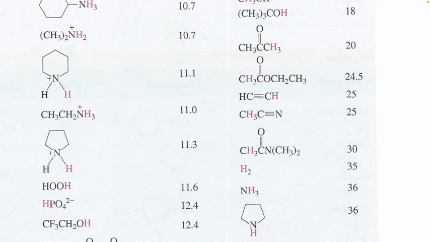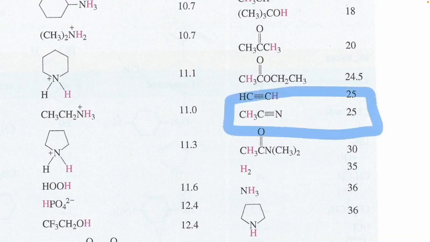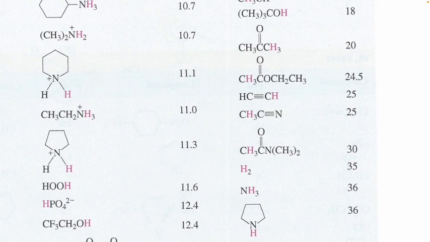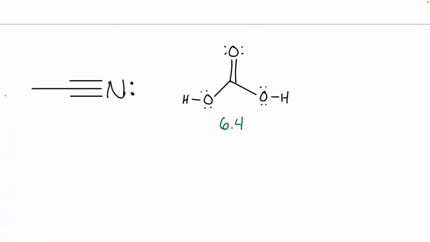Yeah, the CH3C triple bond N. This thing right here. Okay, definitely the weaker of the two acids. Right, again, just as evidence of our pKa, 6.4 is a much smaller number than 25. Right, so again, now you're going to draw the products of this reaction. Those conjugate pairs.